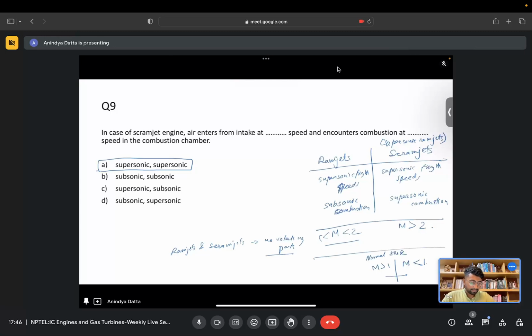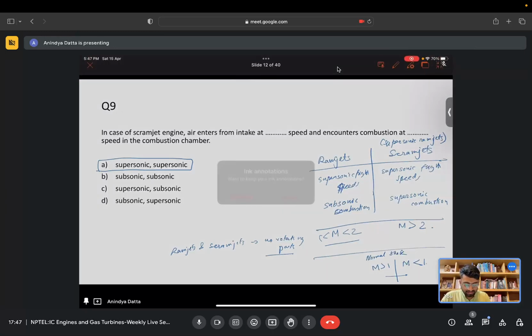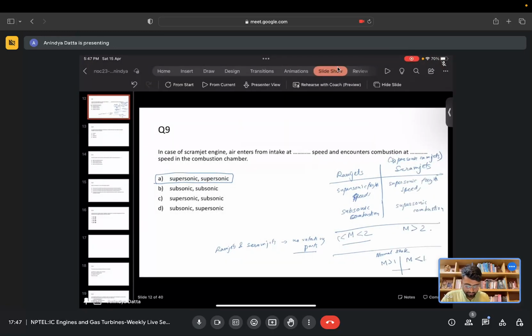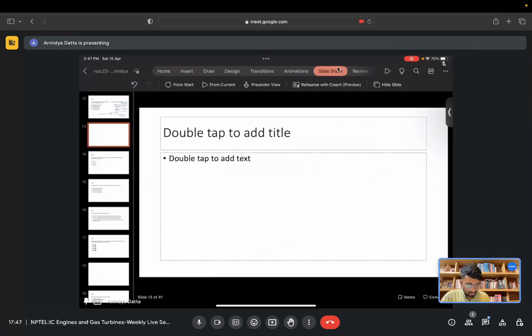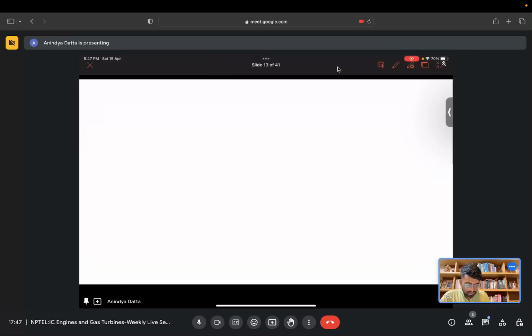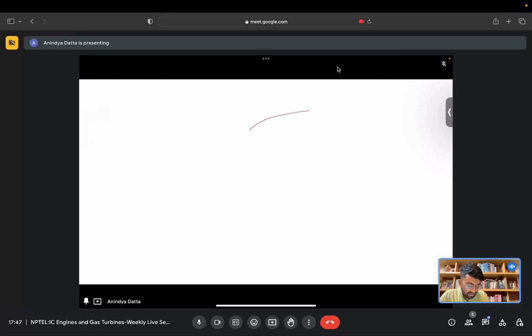Let me give you an example. Let's say we have a body like this, and here the flow is subsonic. There is some reservoir here and we start the flow.